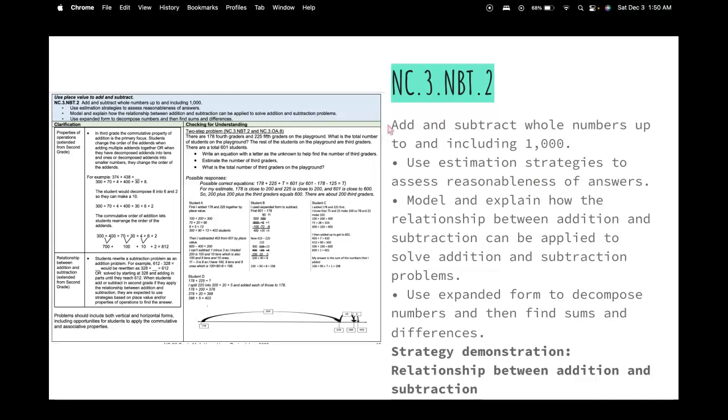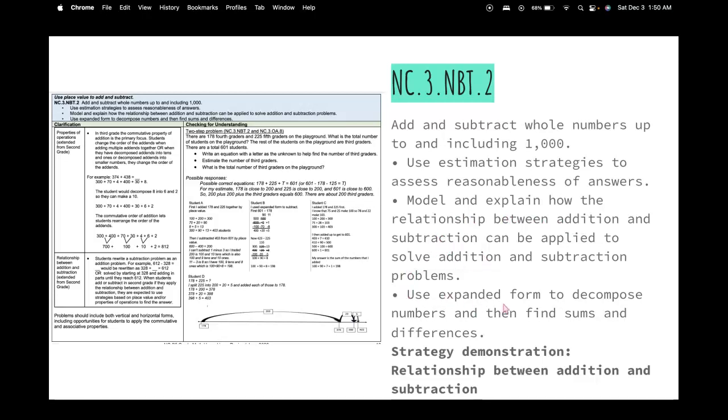For third grade, more information about the standard is to add and subtract whole numbers up to and including 1000, similar to second grade, using estimation strategies to address reasonableness of answers. Model and explain how the relationship between addition and subtraction can be applied to solve addition and subtraction problems.